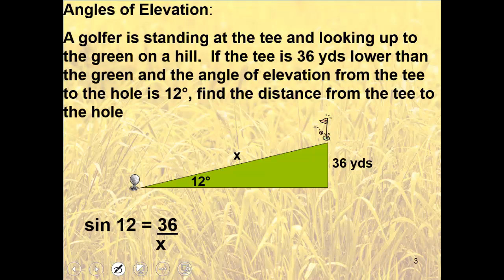The tee where he stands is 36 yards lower than the green. Here's the green. That's where he wants to get his ball to. And the angle of elevation from the tee to the hole is 12 degrees. Find the distance from the tee to the hole.